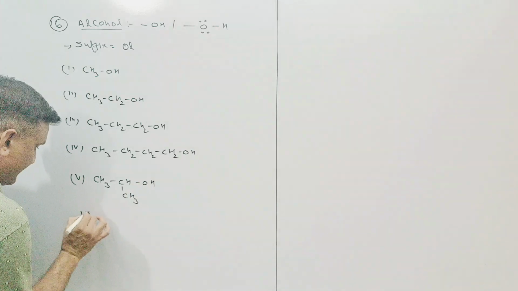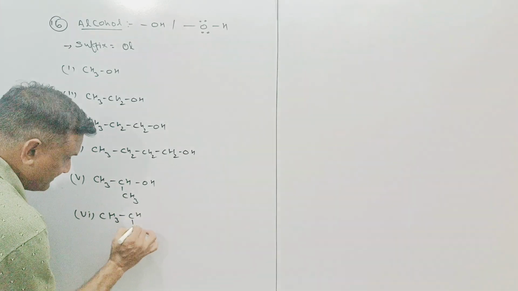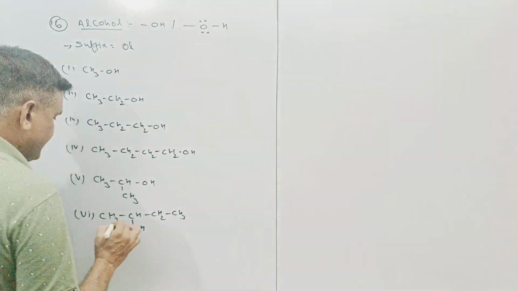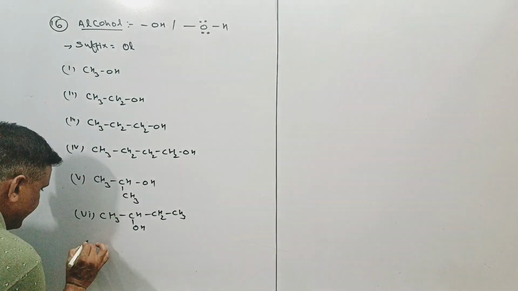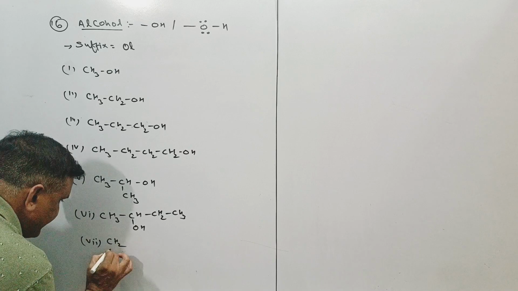This is the 6th compound with the following branch: OH, CH2 and CH3. If we go with the 7th compound, then we can take more than one functional group like this.